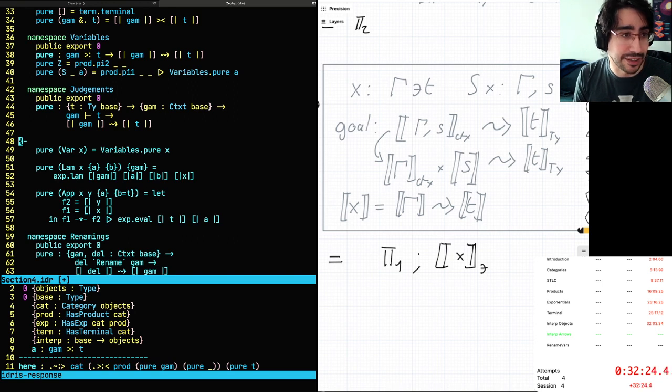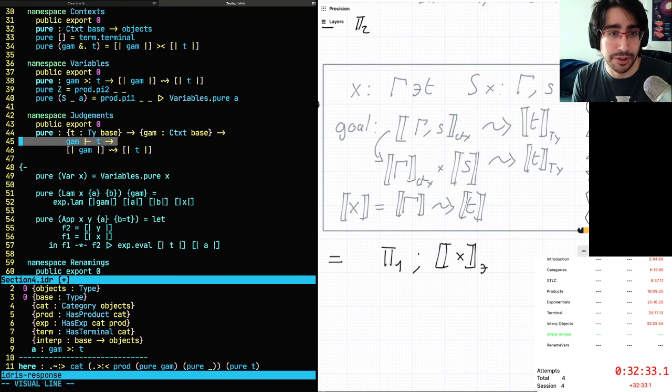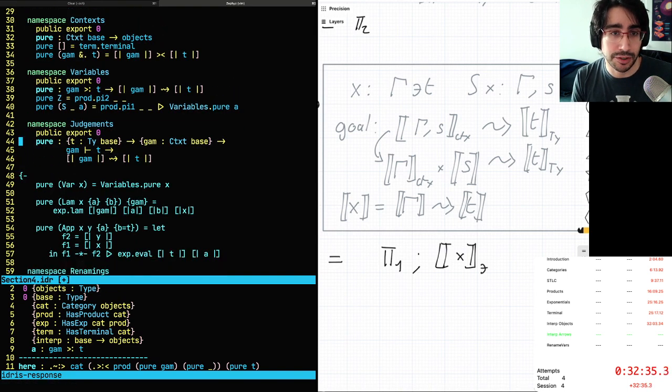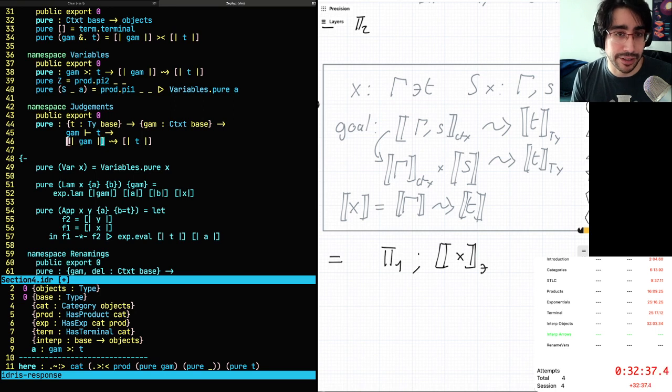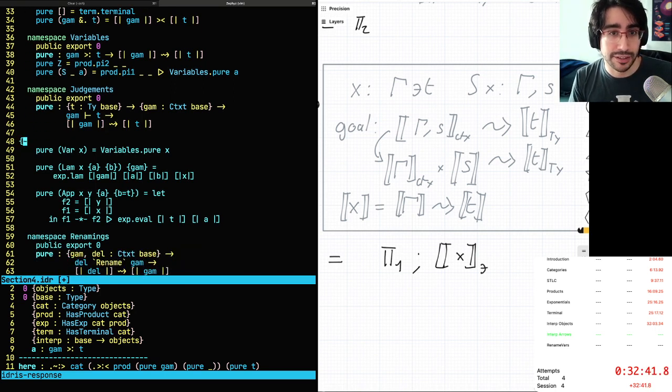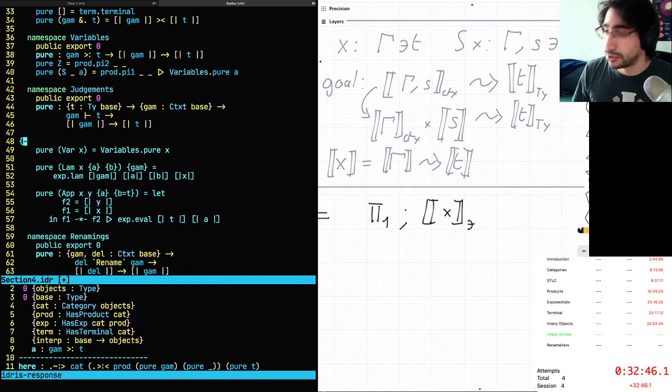So the brackets is a terrible hack. Yes, the brackets is a terrible hack. This is why all those things are called pure and are in different namespace, is to use the idiom brackets here, which are actually applicative brackets in Idris. This is just to make the syntax slightly more legible than if you were to use text, and also to make it closer to what we see on paper.